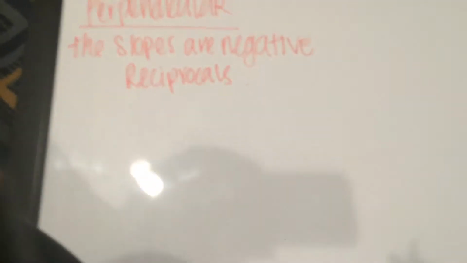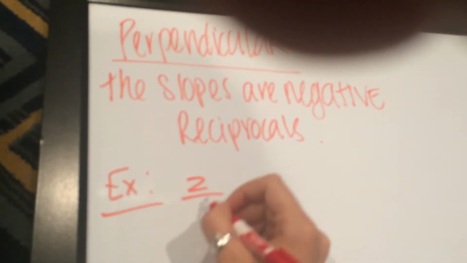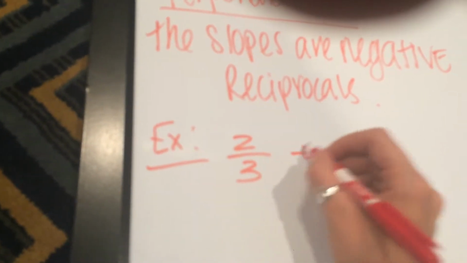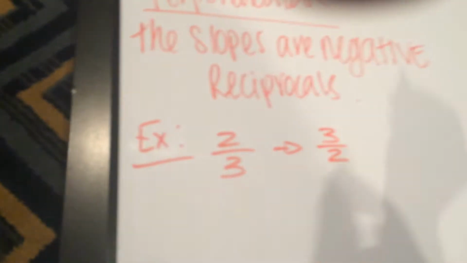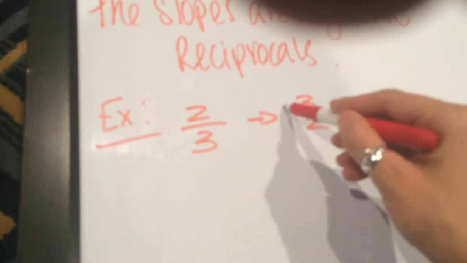Now here is an example. You guys remember what a reciprocal is? That means you flip the fraction. So say my slope is 2/3, I want to reciprocal it. It's 3/2 and make it negative. So basically changing the sign. So if it goes from positive, it's going to be negative.